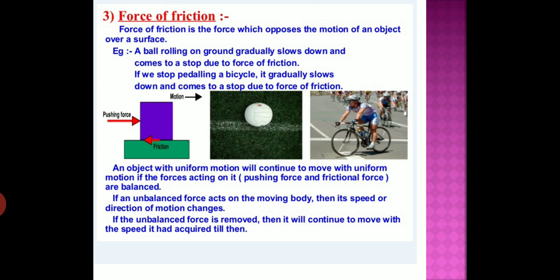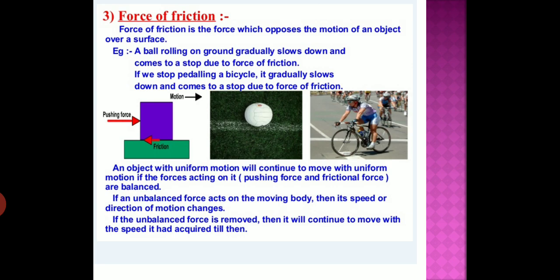The box does not move because of the friction. Friction acts in a direction opposite to the push. This frictional force arises between the two surfaces in contact, in this case between the bottom of the box and the rough floor.